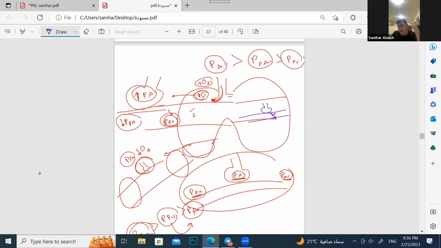And now if the end of it is compressed, I will have the pulmonary artery pressure still high. It's not affected. But the pulmonary venous pressure will be decreased. And now if I plot everything together, I will have a pulmonary artery pressure that is high, which is higher than the pulmonary alveolar pressure, which is higher than the pulmonary venous pressure.